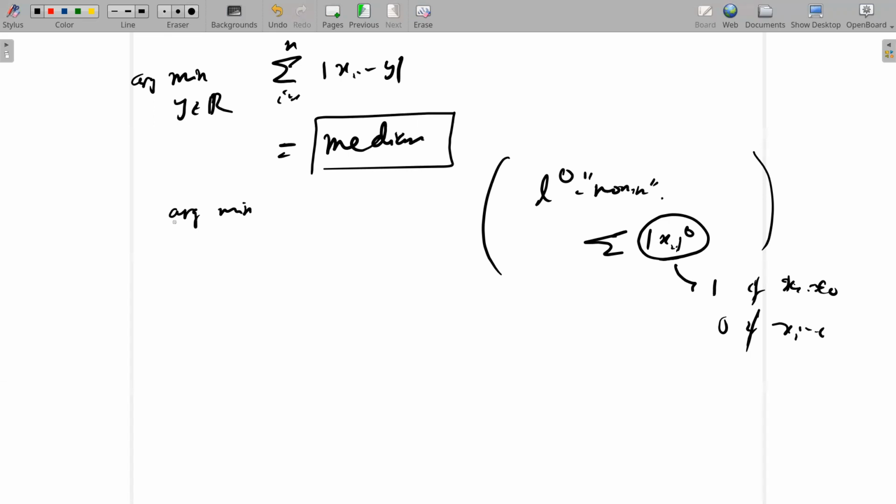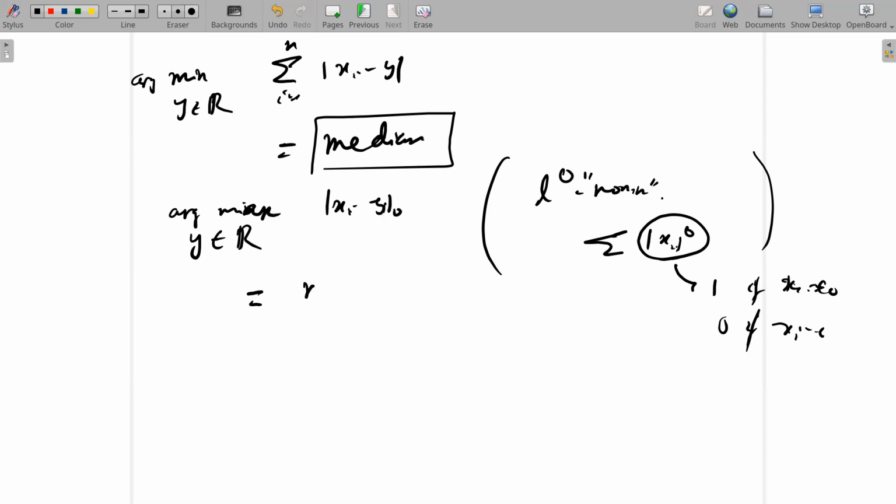Now with this definition, if I talk about argmin over y in R of the L0 norm of xi minus y, it just cares about how many of these are zero, meaning how many of these are equal. So for which y is the maximum number of values equal to xi? Perhaps here I should put an argmax.